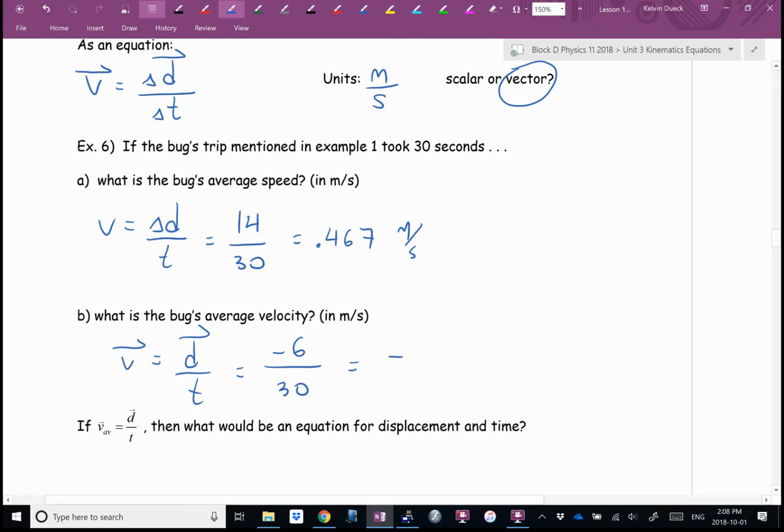But I'm just going to write -6 divided by 30. That I can do in my head. 0.2, yes? Double checking. Okay. If I wanted to go to 3 sig figs, I would go 0.200. You know what? It worked. I'm not going to be that fussy. Units. Meters per second.